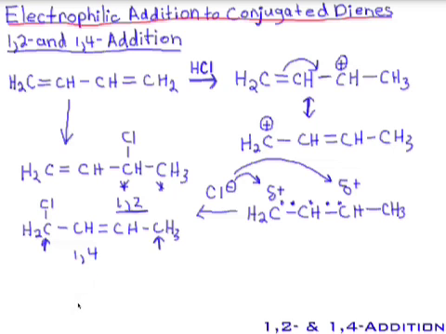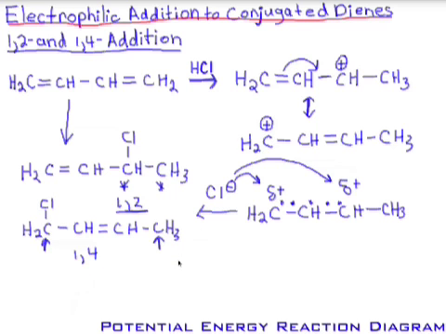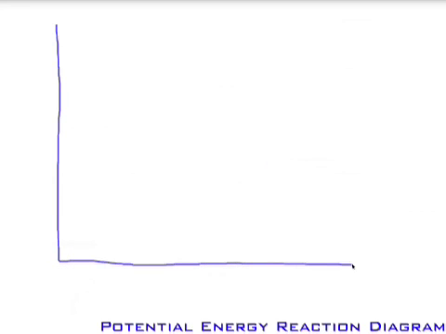Now, if I were to represent these molecules in a potential energy diagram, I would start with my reagent, which is the diene. So this is my conjugated diene.